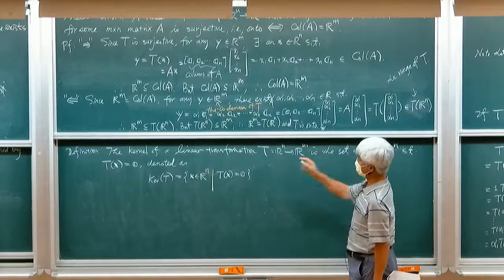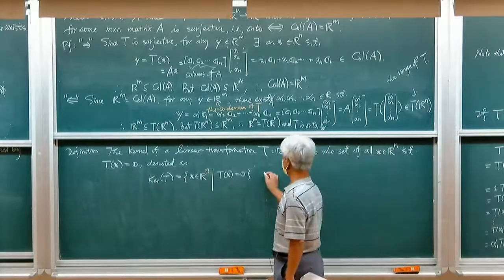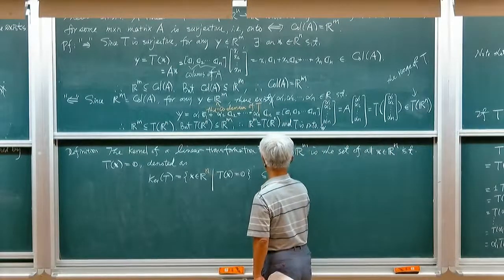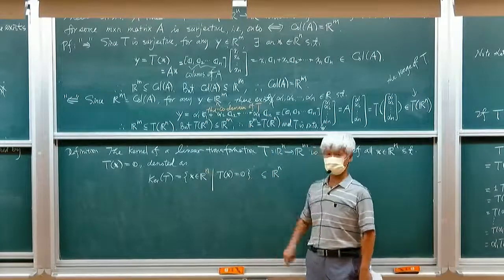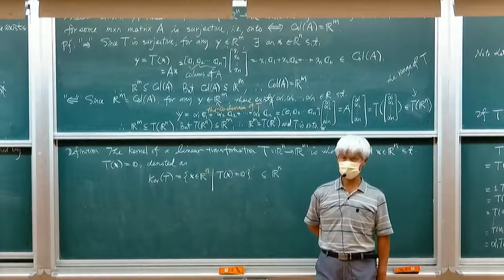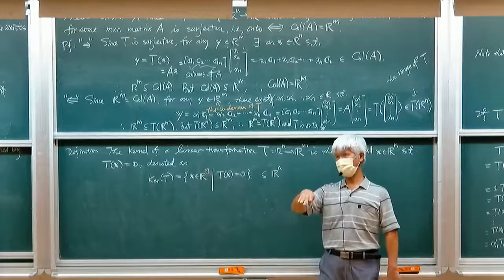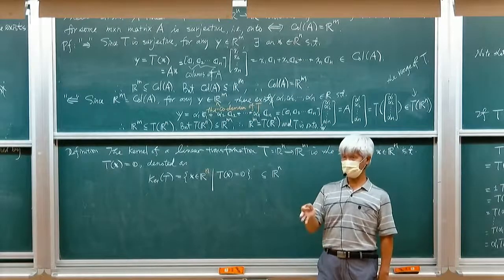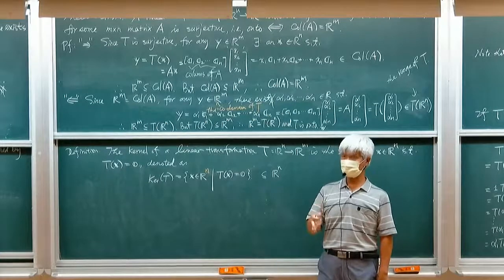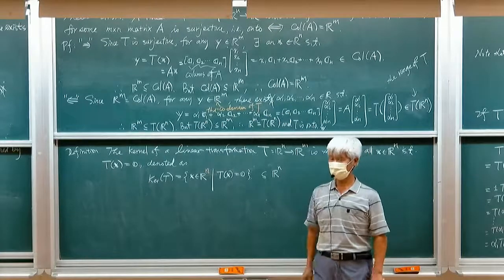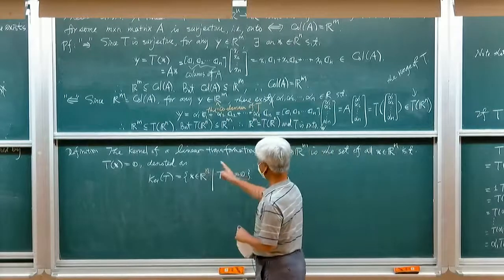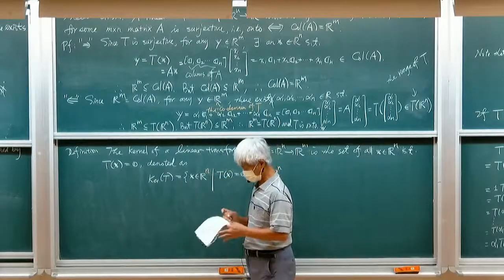So kernel of T is a subset of the domain, okay? So kernel should be a subset of the domain. On the other hand, the range of T is a subset of the codomain, okay? So I'm so sorry for my typos here.